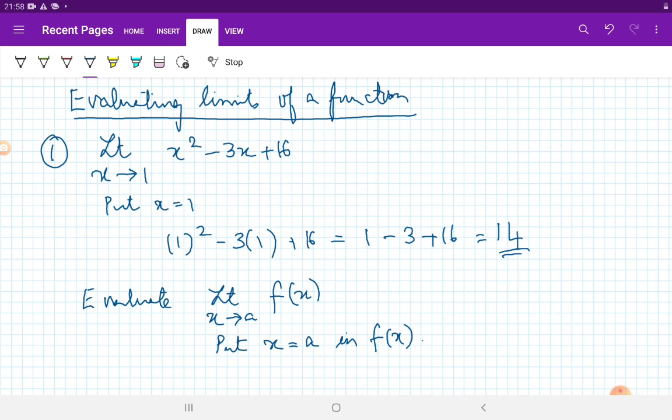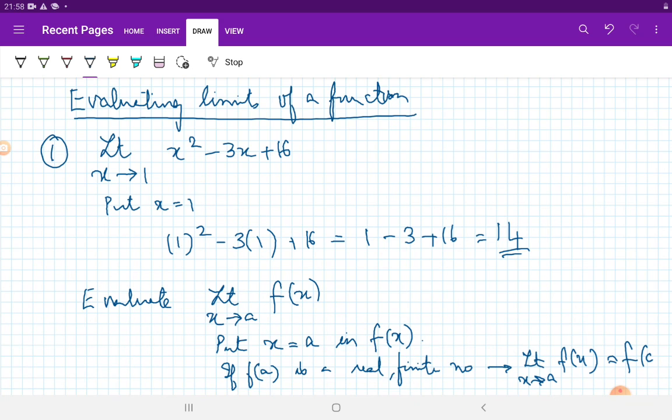If f of a is a real finite number, then limit x tends to a f of x will be equal to f of a.